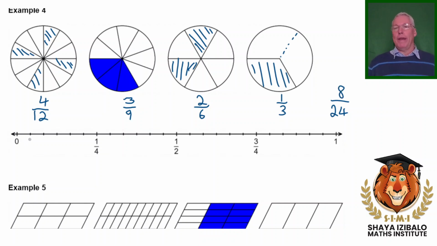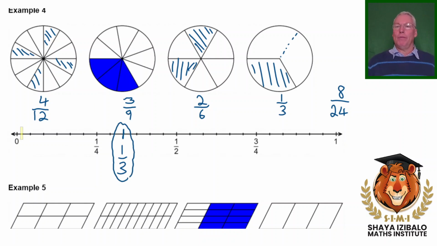8 out of 24: 1, 2, 3, 4, 5, 6. 6 out of 24 is the same as a quarter. 7, 8. 8 out of 24. Here is the number that we're talking about. This fraction over here represents 1/3. It's exactly 1/3 of the length of the line.